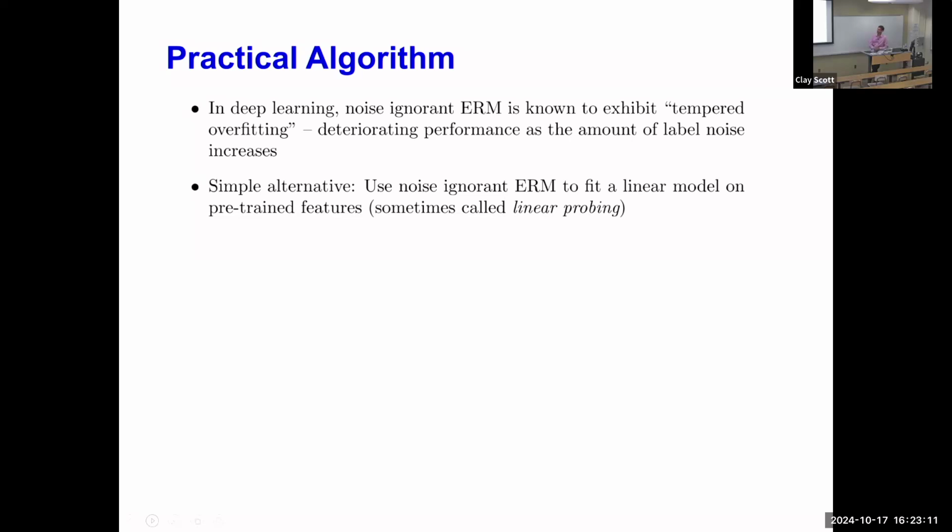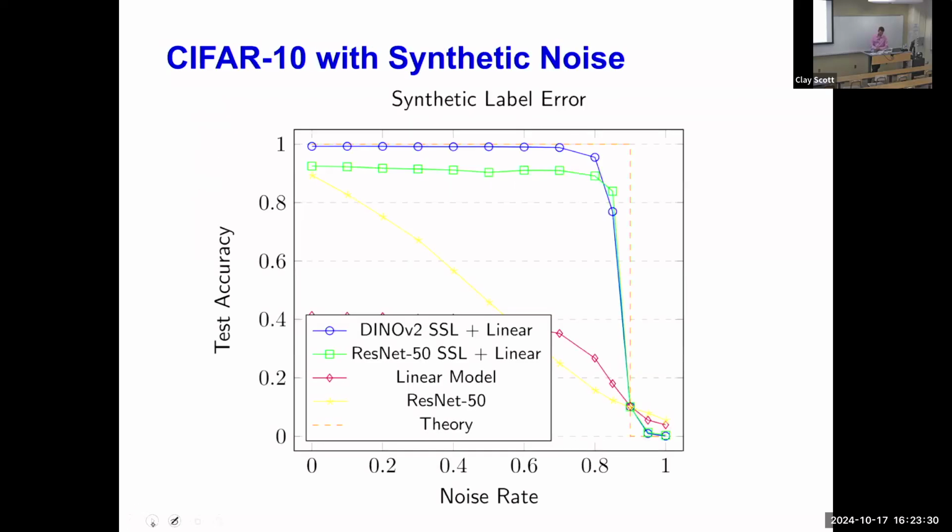Just fix a pre-trained feature extractor and then fit a linear model on top of that, in a noise ignorant way. That's what Yilun tried out, and it worked remarkably well. And we were a little surprised no one had done this before.